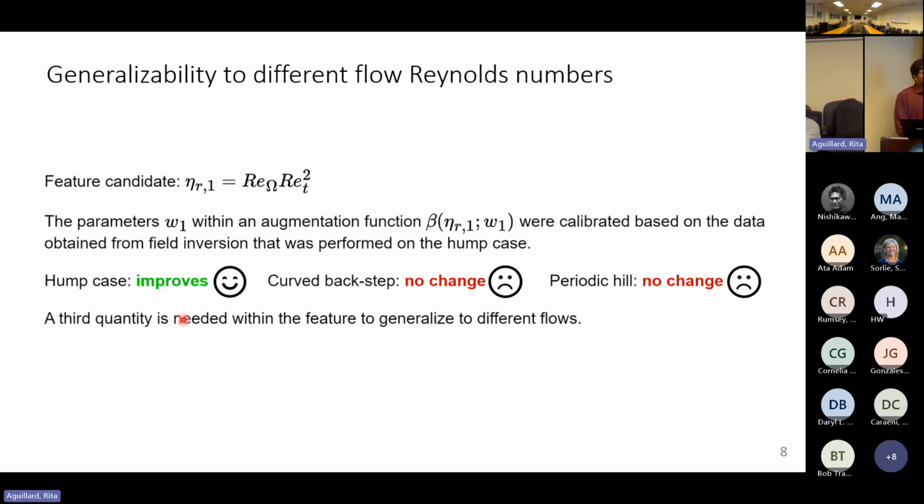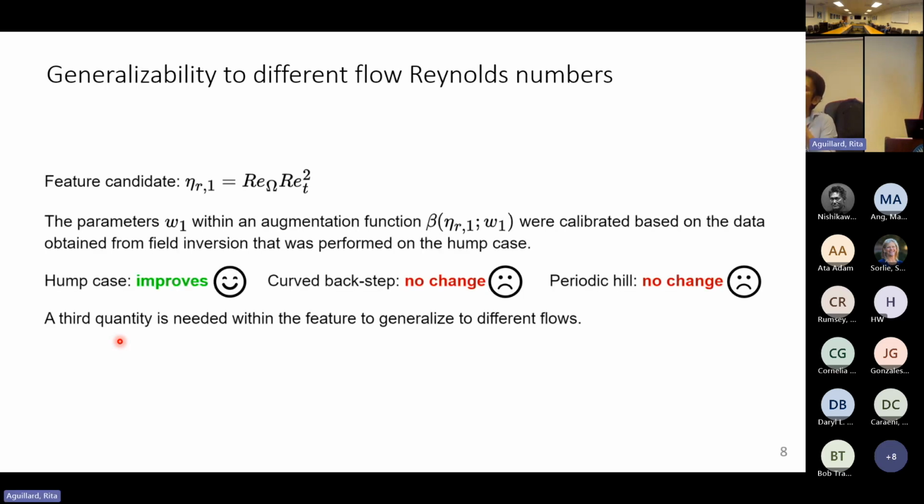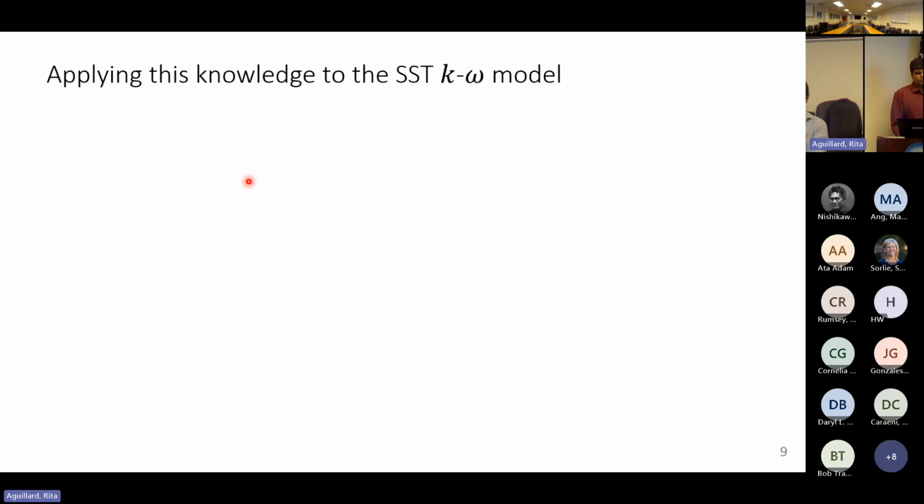What we understood from this exercise was that there was a clear Reynolds number dependence, and that a third quantity, or a third Reynolds number, was needed to generalize to different flows. At this point, my analysis was that there's nothing else in the Spalart-Allmaras model that can give me a new Reynolds number, and that the vorticity Reynolds number and the strain rate Reynolds number are more or less the same. So we needed a turbulence model that has two scalars.